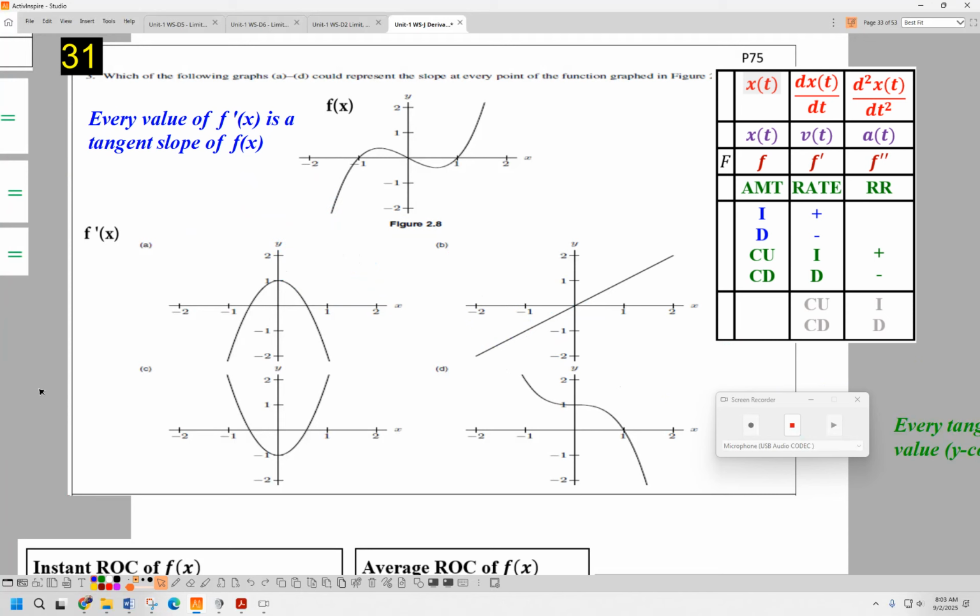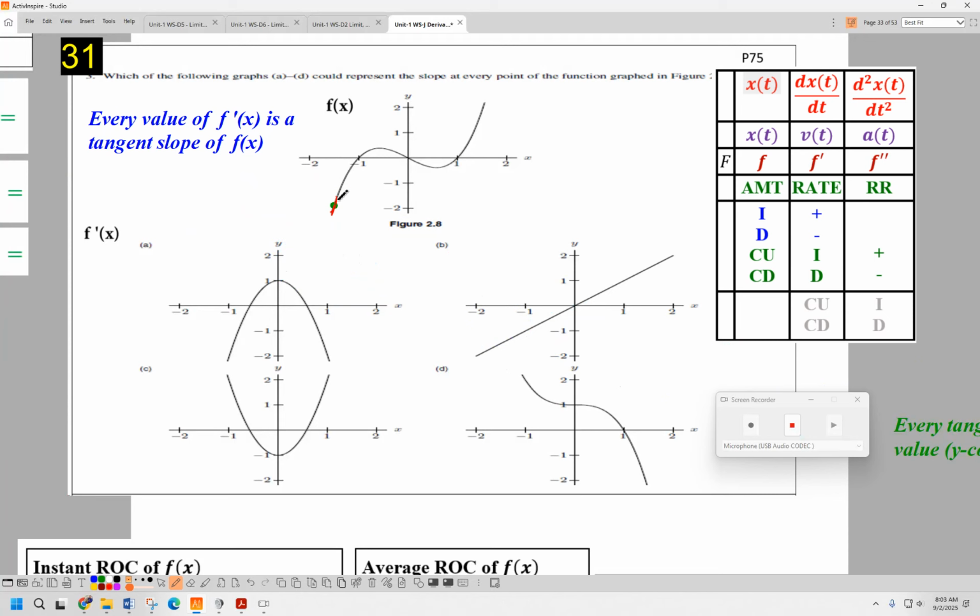this graph of f has a tangent slope. So there's a point here on f. That point has a negative y value, but the slope at that point, the rate of change, is positive. The rate of change at that point is positive.